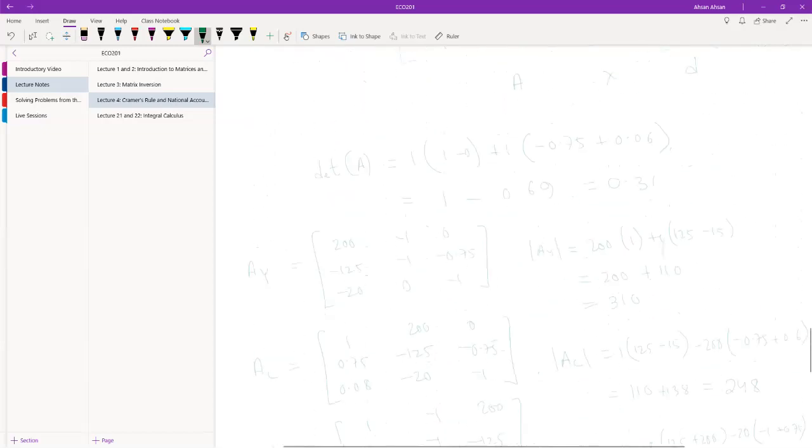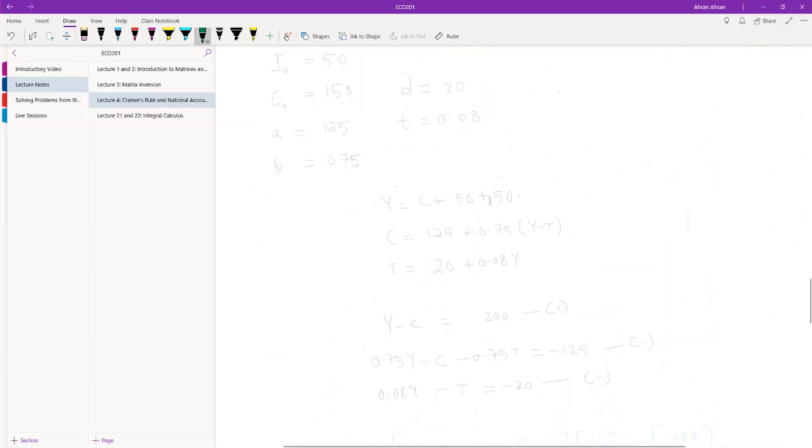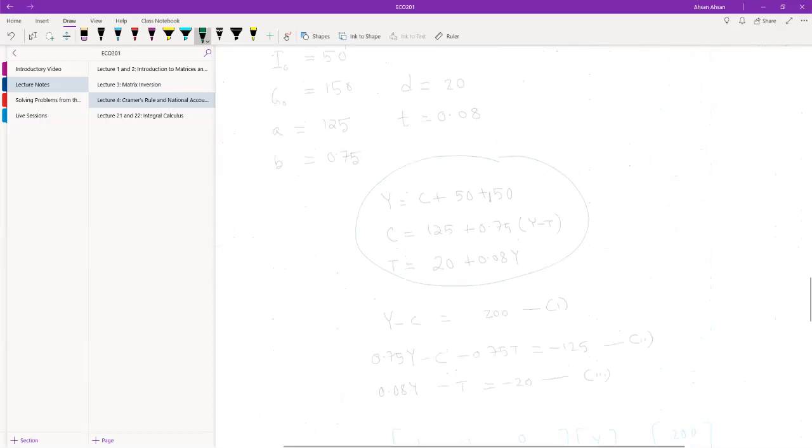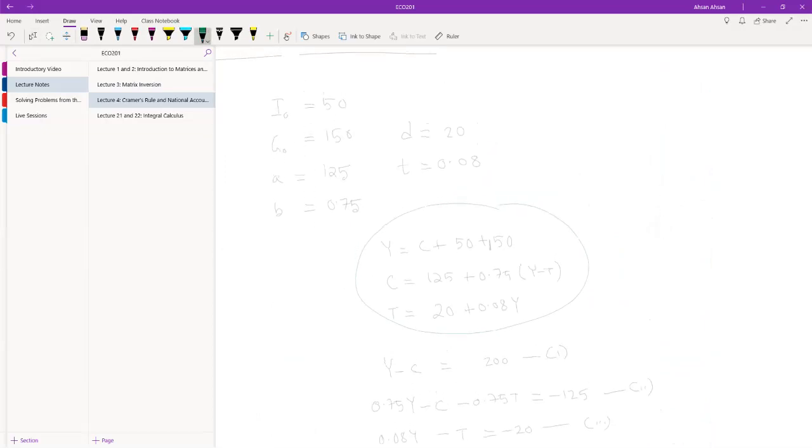So you see, we started off with these three equations. All the exogenous variables were known to us. We knew investment is 50, government expenditure is 150, autonomous consumption, MPC, and so on. So we knew all the exogenous variables, everything up here. And what we had to calculate were the endogenous variables.